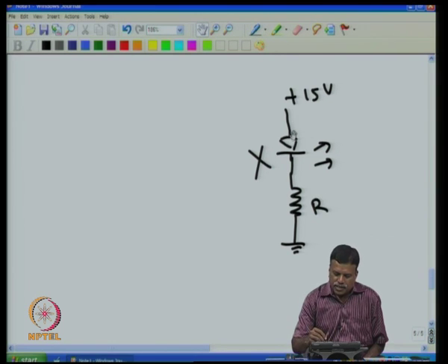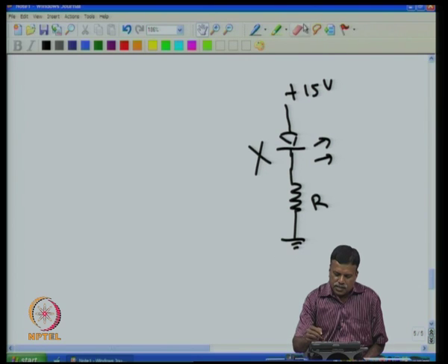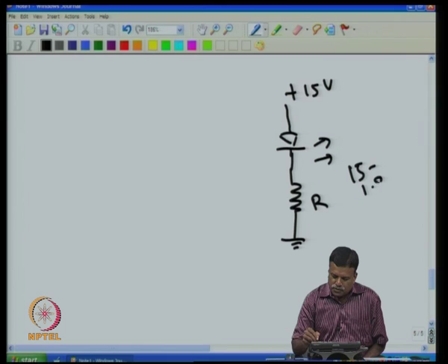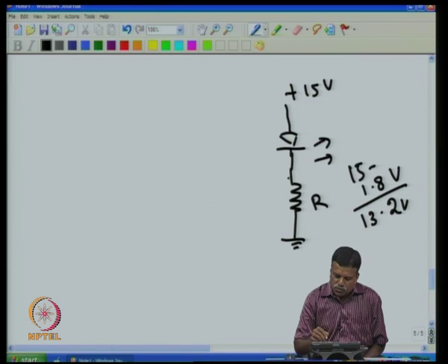There is a voltage drop here and a voltage drop here. This voltage drop plus this voltage drop is 15 volt, but I want 1.8 across the LED and the remaining voltage across the resistance. The remaining voltage is 15 minus 1.8 volt, which comes to 13.2 volt. That means 13.2 volt has to be across the resistance.